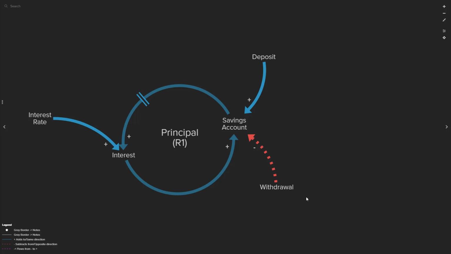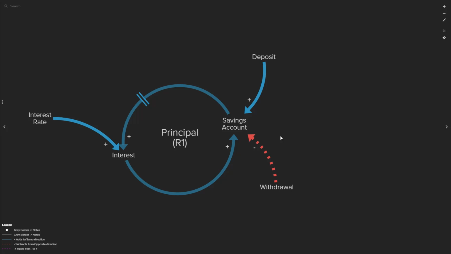Also, one could think about withdrawals from the savings account, and this relationship says it subtracts from the savings account because this is a quantity of something that grows or declines over time, and withdrawals would cause it to decline, which is why this has a negative sign on it as opposed to a positive sign.